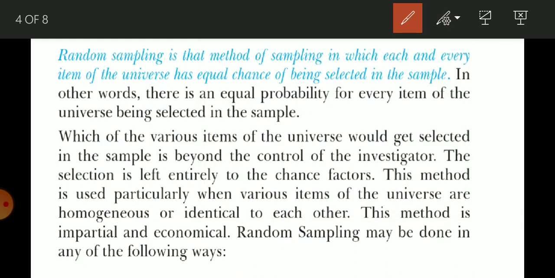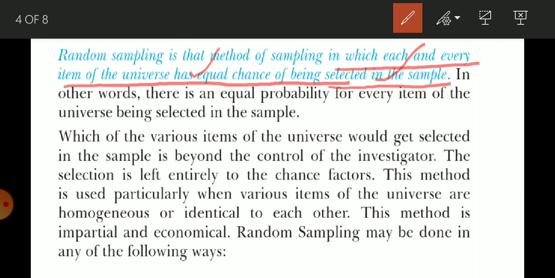Now let me explain the meaning of random sampling. Random sampling is that method of sampling in which each and every item of the universe has equal chance of being selected in the sample. So the keyword is this: every item gets equal chance to be selected. Remember this.